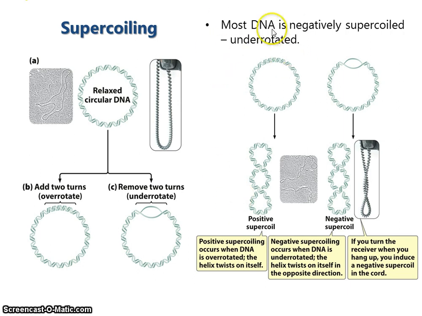That is, it's under-rotated, and this is because the processes that require getting at single-stranded DNA, breaking strands, unwinding the helix, and allowing proteins to access for transcription, etc., require less energy if the DNA is negatively supercoiled, that is, under-rotated rather than over-rotated.